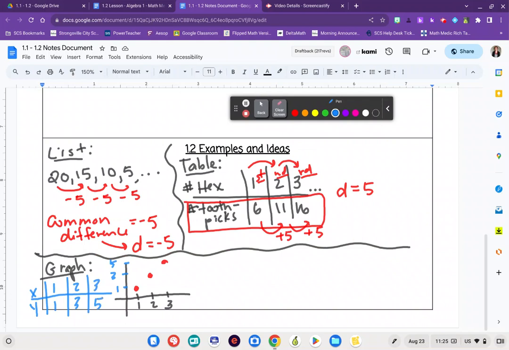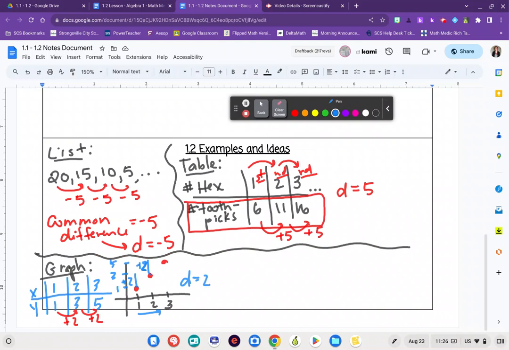I could make a table from this graph, and then from that table, I could see it looks like I'm adding 2 every time. But I could also look at the graph and say, as I move over to the right, my y values jump by 2 to get to the next point. So I have this common difference of 2.